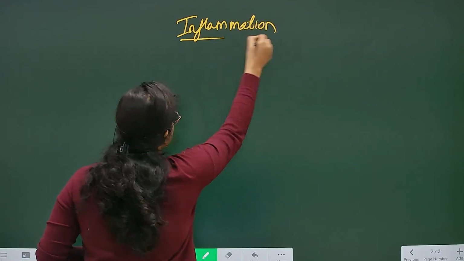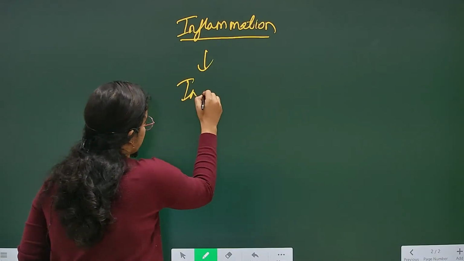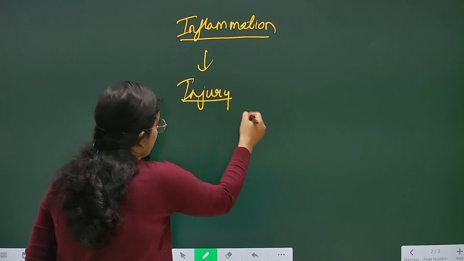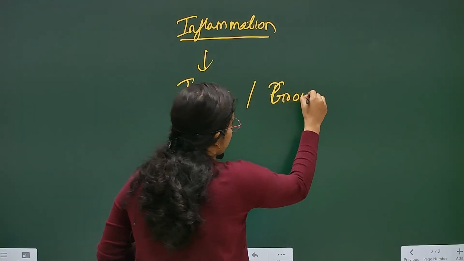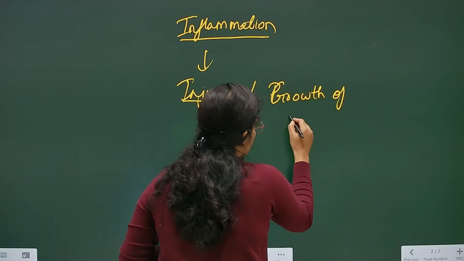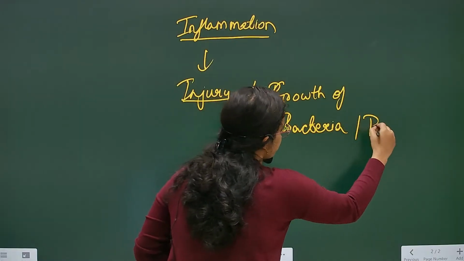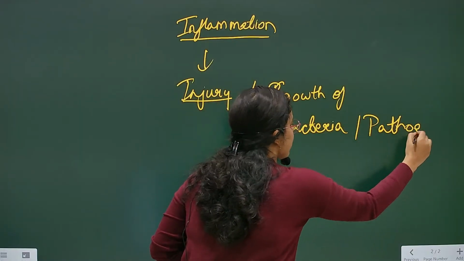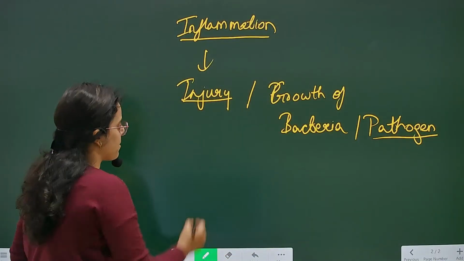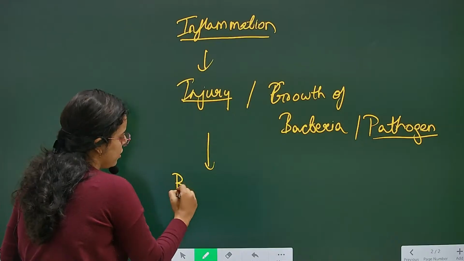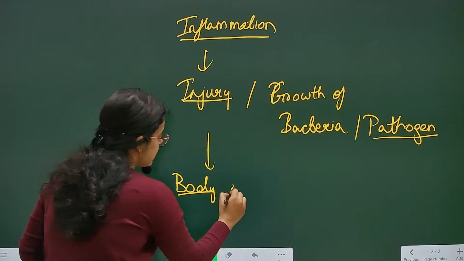Inflammation is, see, whenever you have an injury or growth of bacteria or any pathogen. Let me take pathogen so that it covers every organism: viral, fungal, protozoal. What happens? Our body shows certain signs.